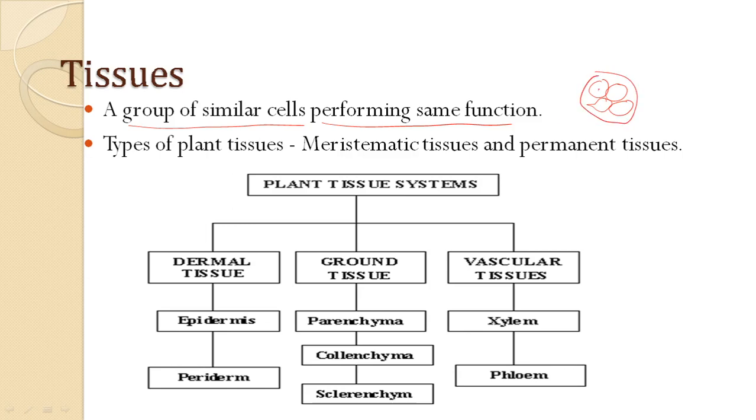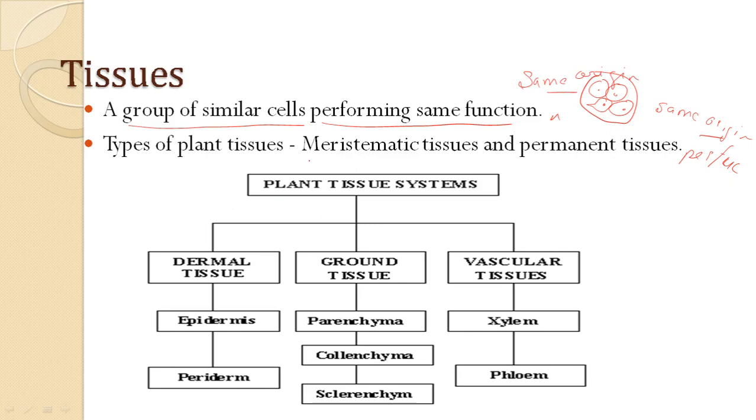All these cells have the same origin, that is, they originate from the same area, and perform the same function. Such a group of cells is called a tissue.